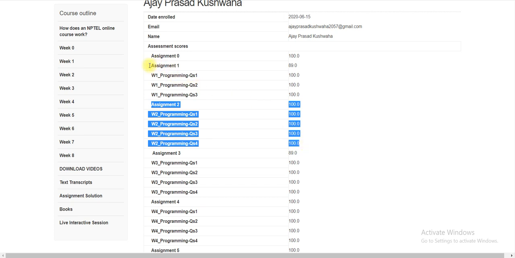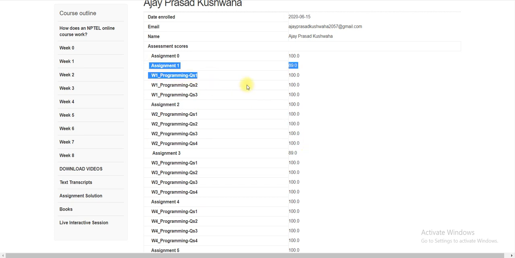Coming to week 1. Okay, so in week 1, how many programming questions are there? 3 programming questions are there. So the sum is 300 and by the number of questions, 3, so 300 by 3, so 100. Our average programming assignment score of week 1 is 100, and our quiz assignment score is 89.